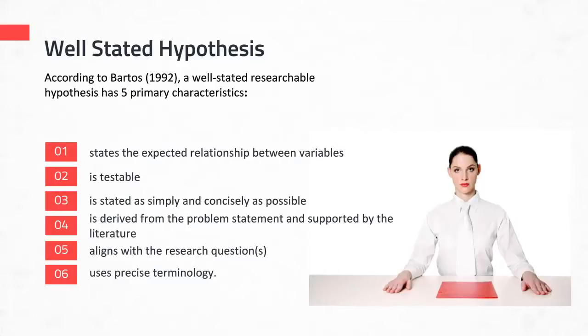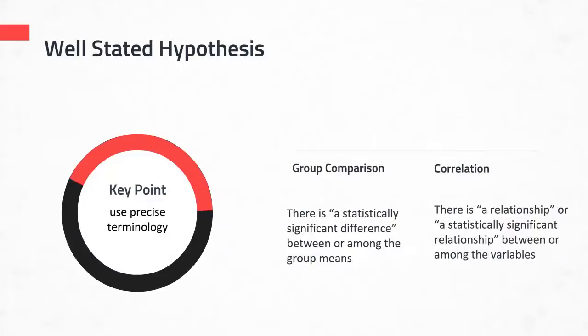So let's talk a little bit more about this. As we learned with a research question, it's important to use precise terminology, as just by reading a question, and now as we're talking about a hypothesis, just by reading the hypothesis, the reader should be informed about the research design that you're planning to use, as well as the analysis choice.